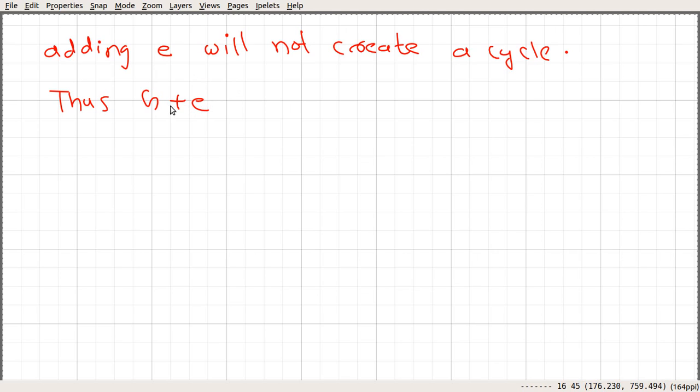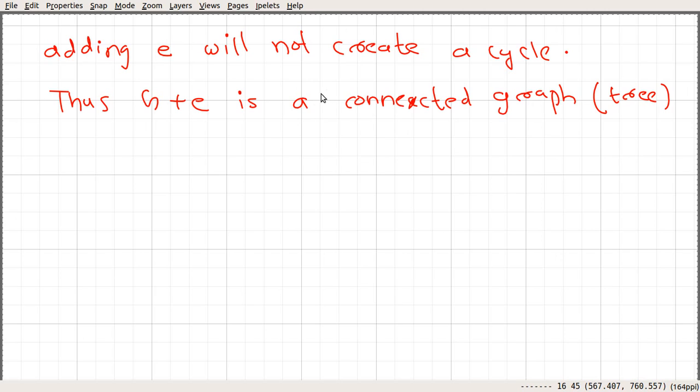Thus G plus E is a connected graph. And again we can see that it is also a tree, right? G plus E is a connected graph, and it doesn't have any cycle.